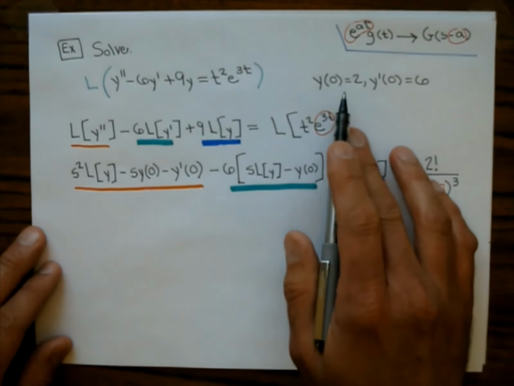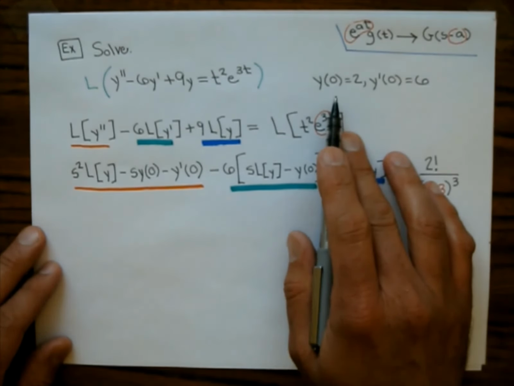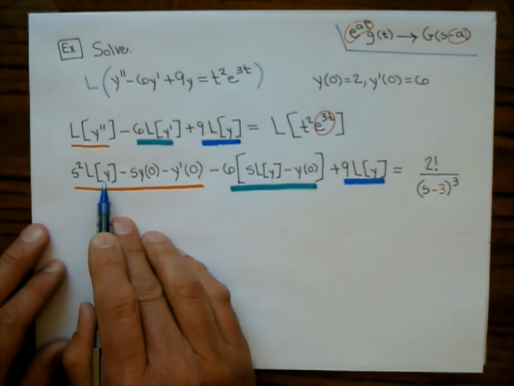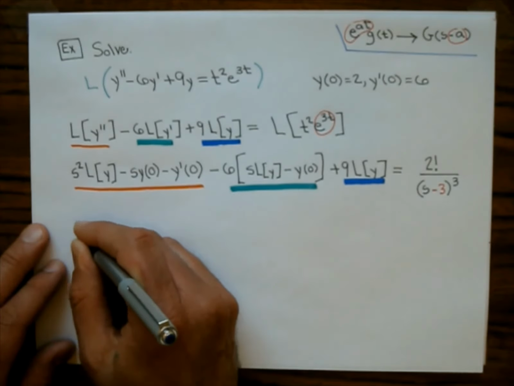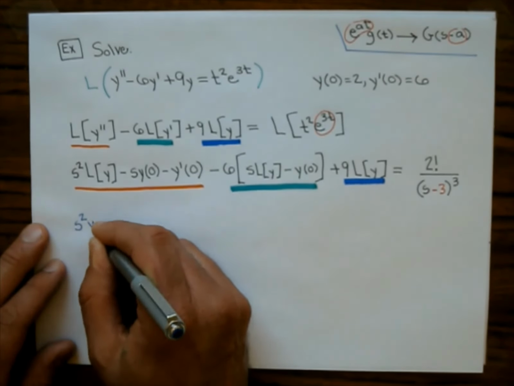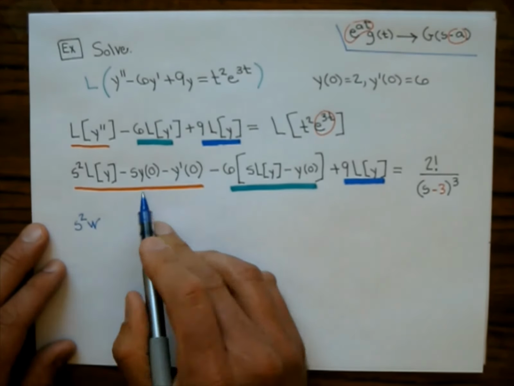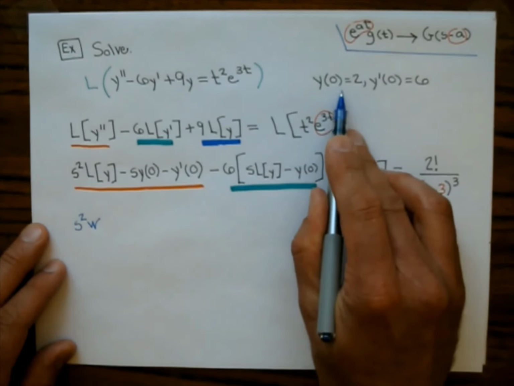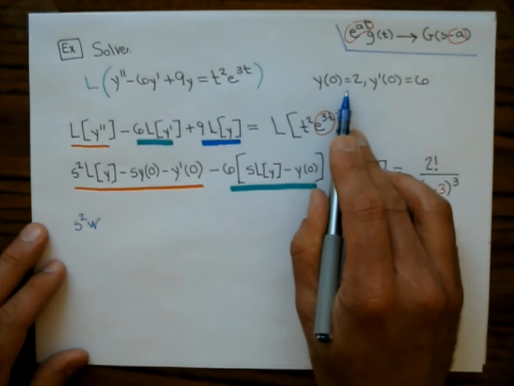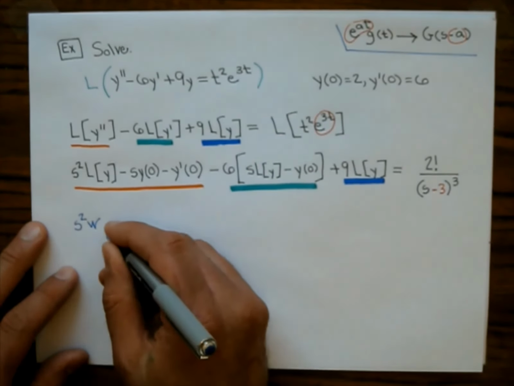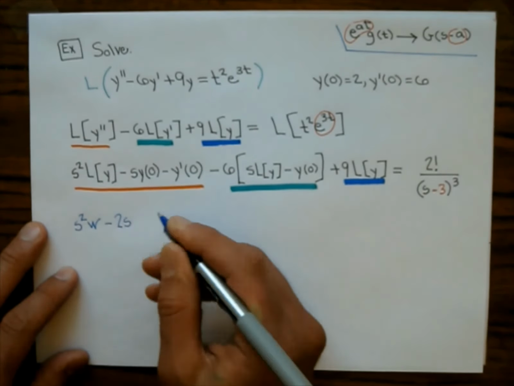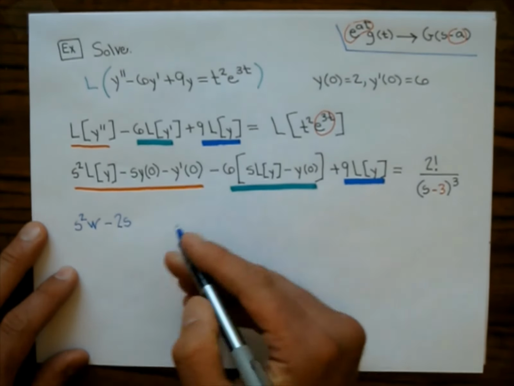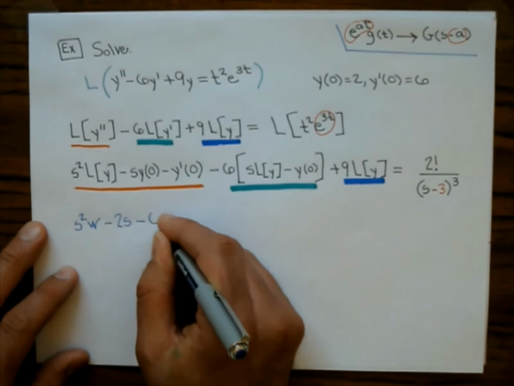Let's go ahead and plug our initial values in as we do this problem. And I'm also going to replace my L of y's with w's, with some letters, so I can just write the w's easier. S squared w minus s times y of 0. So minus, what is this, minus 2s. And then I have minus y prime of 0, so minus 6.